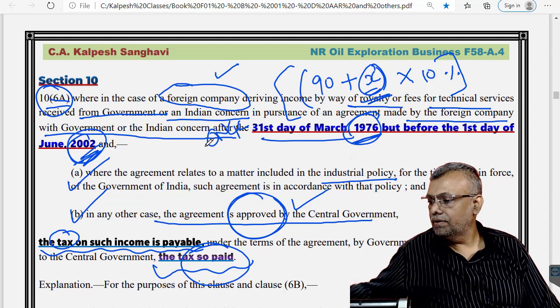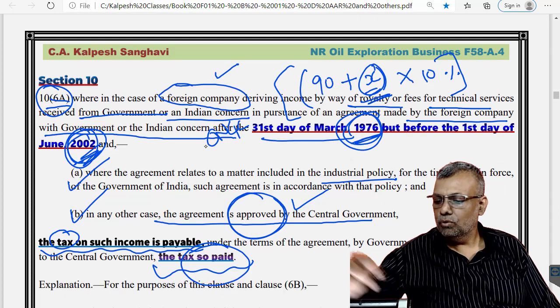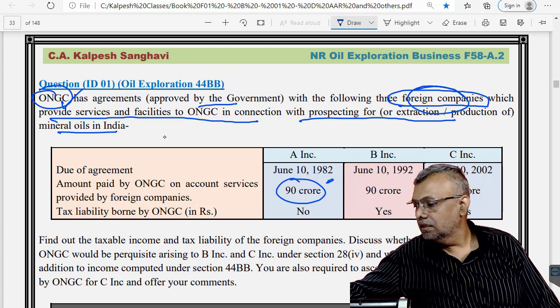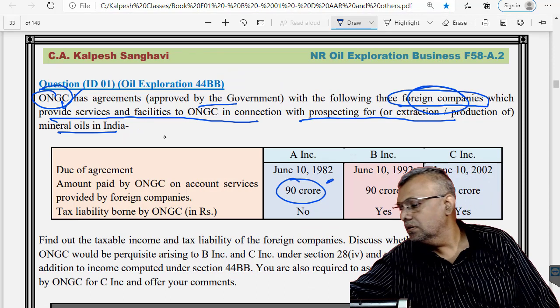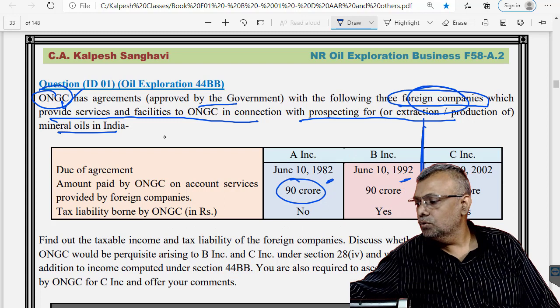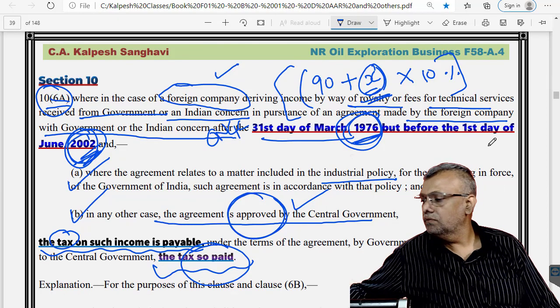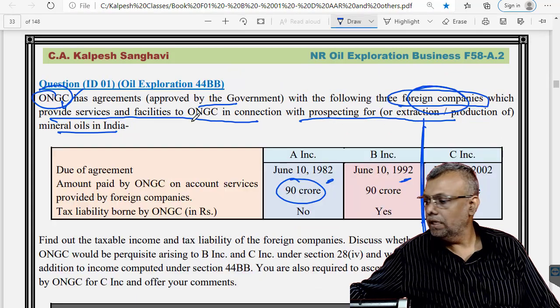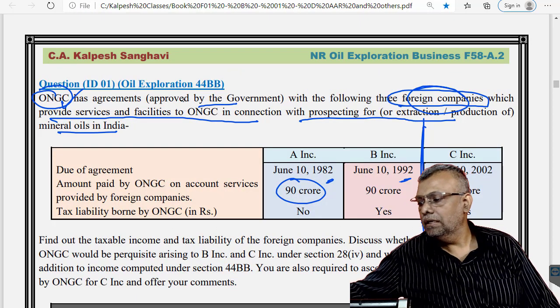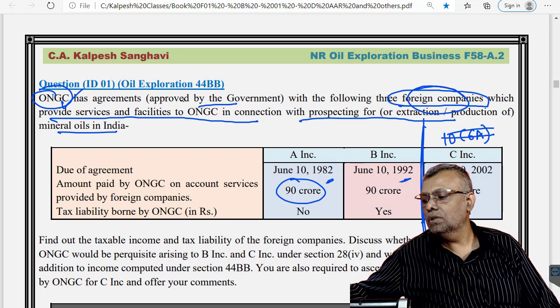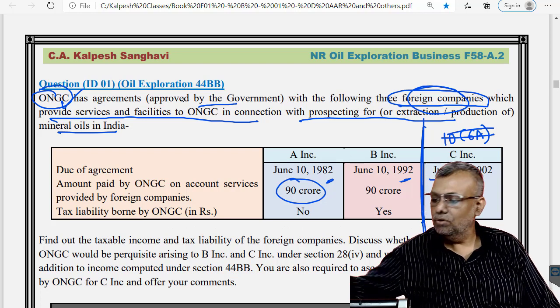It needs to be after 76 and before 2002. The 10th of June is after the first day of June 2002, so that is not coming within the window. So the 10(6)(a) benefit is in any case not applicable to CINC.